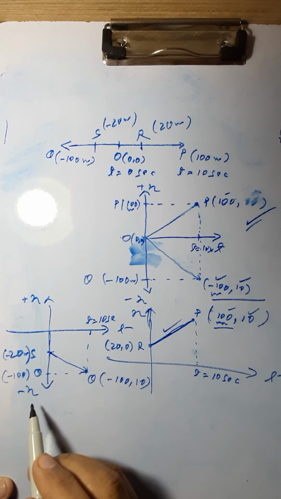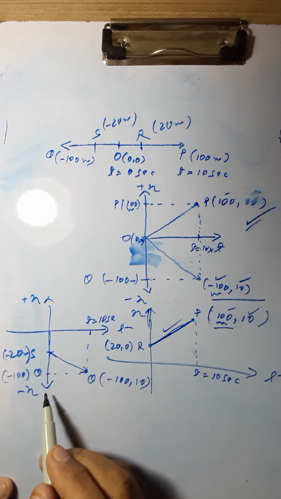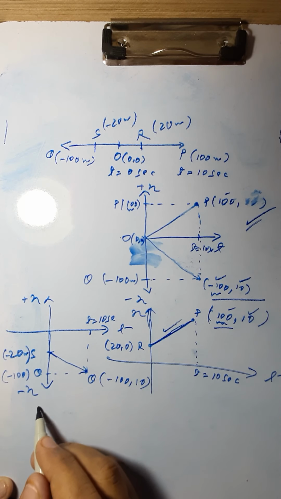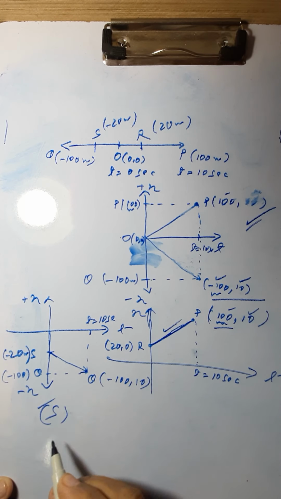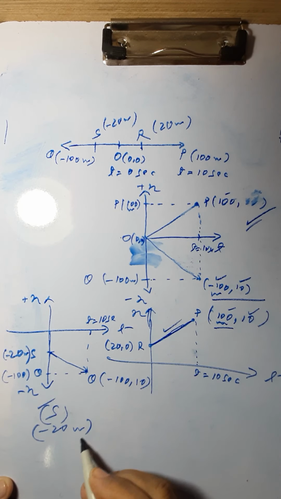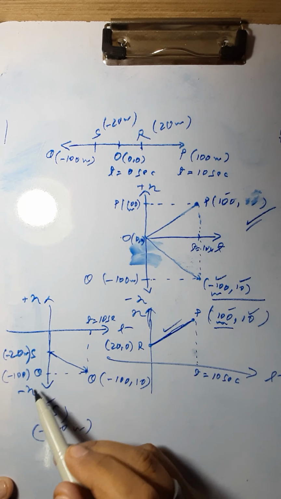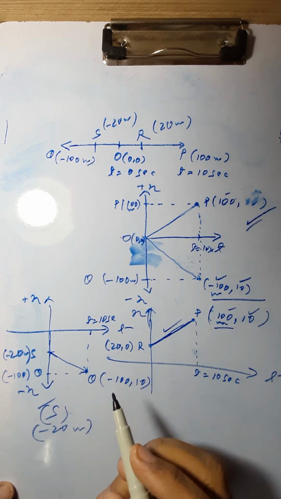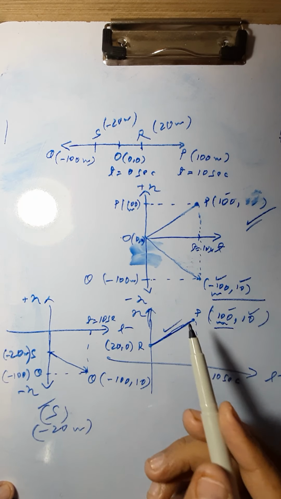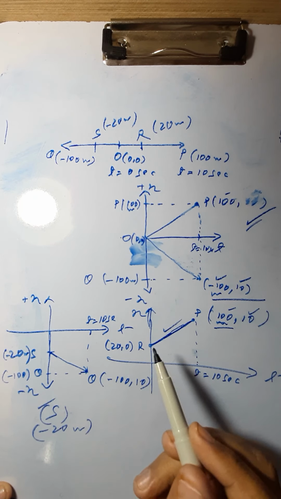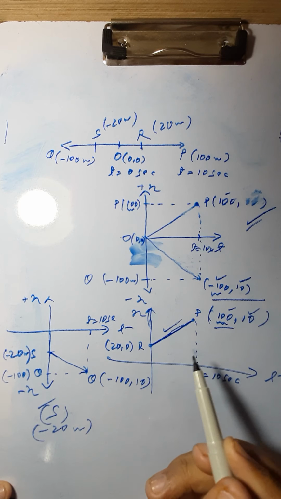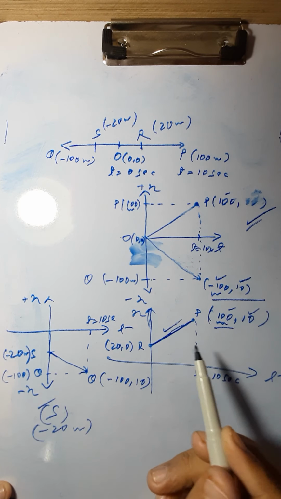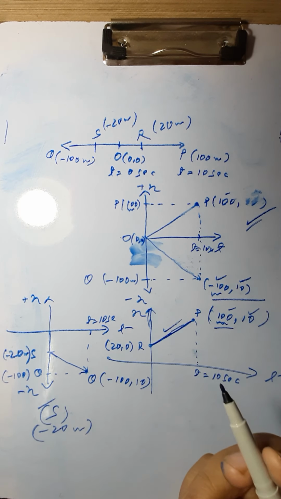Similarly, the graph is shown if the particle has started from point S having minus 20 meter as its coordinate and finishes its journey at minus 100 meter. So hope you have understood the difference between all four graphs or four motions of the particle.